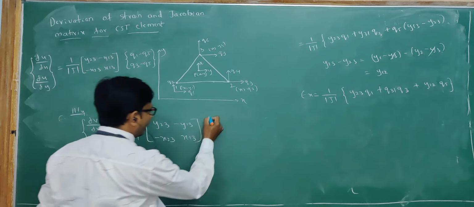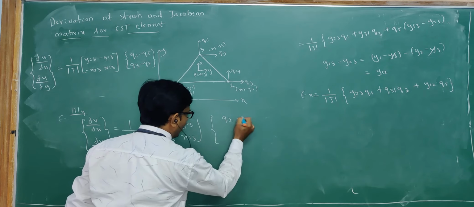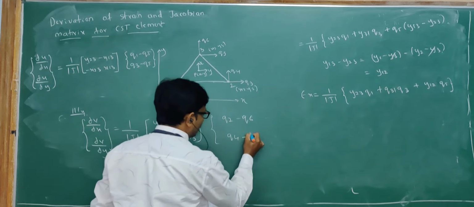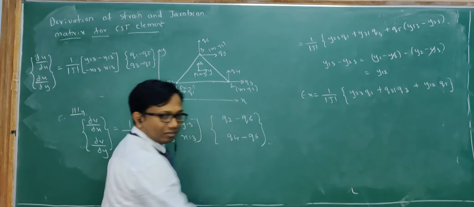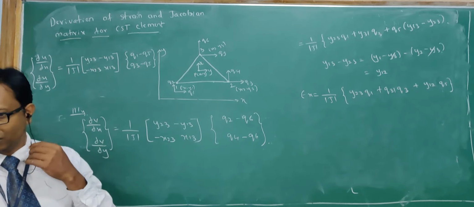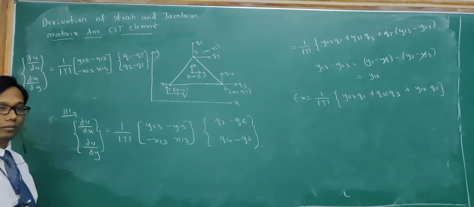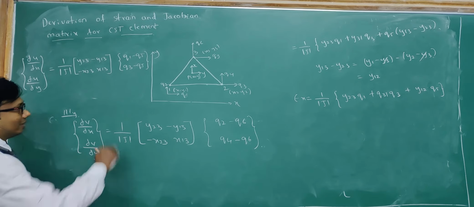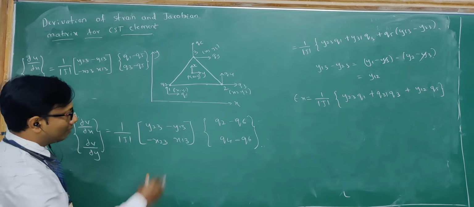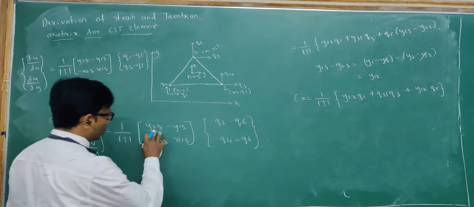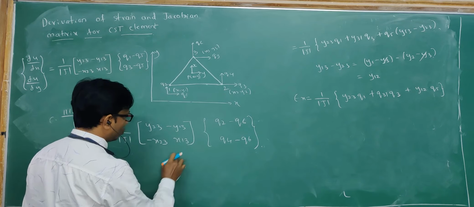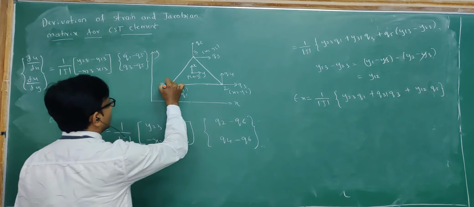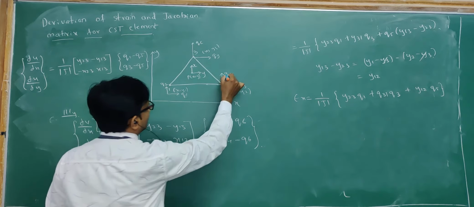Here you will be getting q2 minus q6 and minus q6. Okay, we have written now for dou v by dou x and dou v by dou y. The same procedure has to be applied, as it will be lengthy, so I have just written it short. That is y23 minus y13 minus x23 x13. This will be along the y-axis, which will be displacement q2 q6 as well as q4 q6.